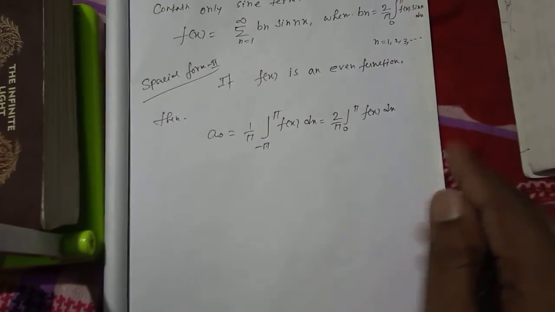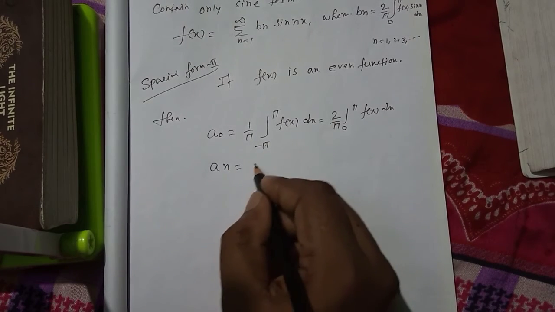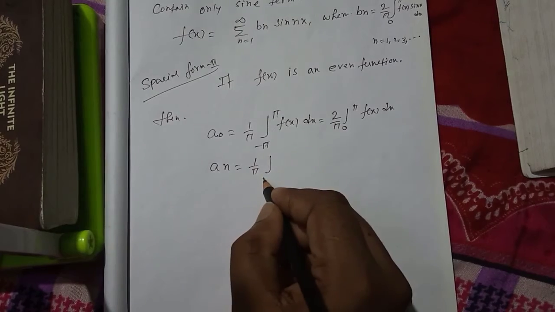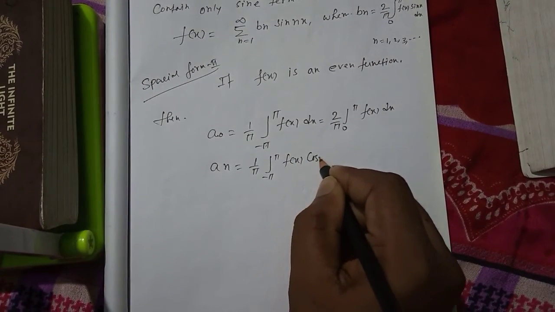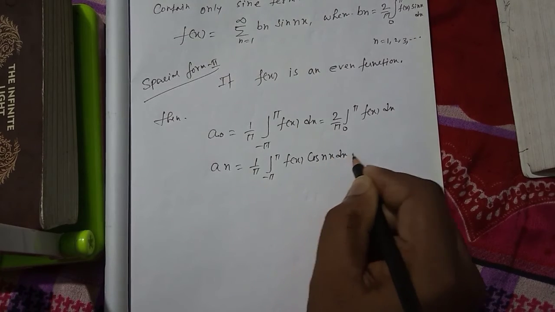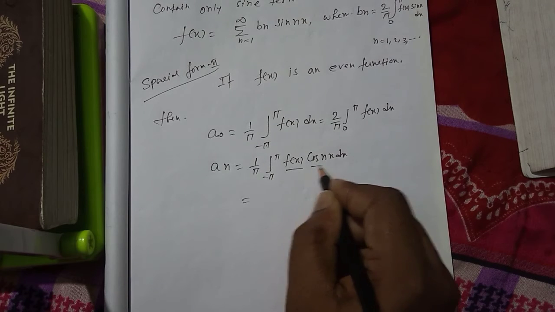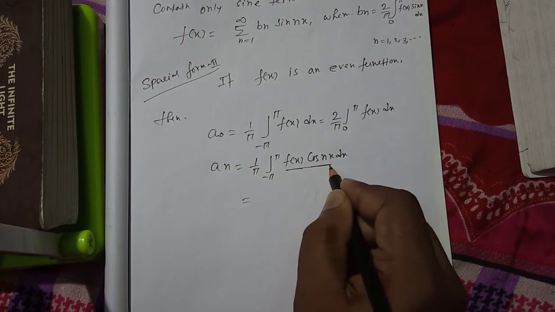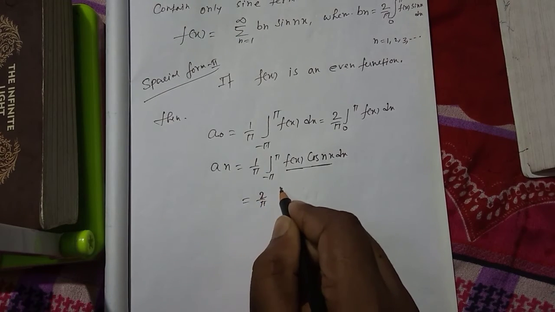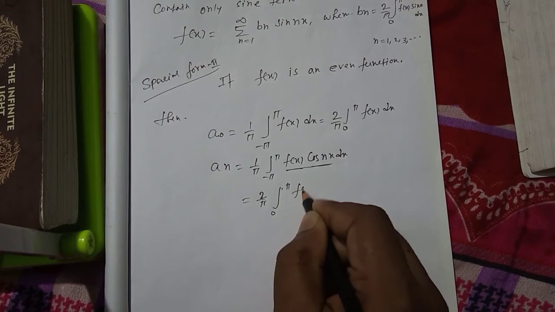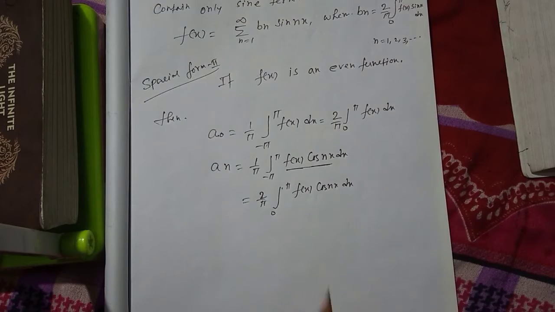For bn, an is equal to 1 by pi integration minus pi to pi f(x) cos of nx dx. As f(x) is an even function, cos x is an even function, their product is an even function. Therefore, 1 by pi into 2 by pi, 0 to pi f(x) cos of nx dx.